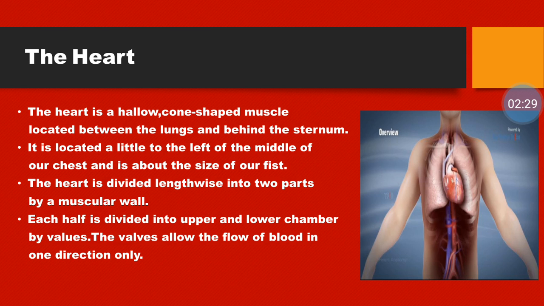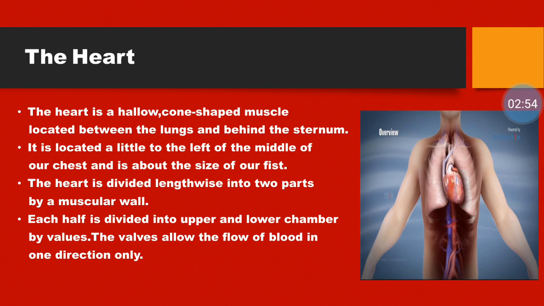The primary function of the heart is to pump blood throughout the body. Apart from pumping blood, it also helps to deliver oxygen, hormones and glucose and other components to various parts of the body. So these are the functions of the heart.